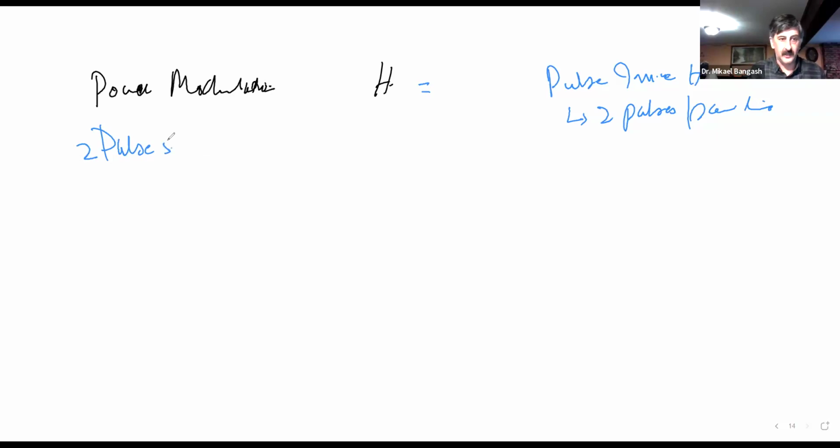Now the difference here is that in pulse inversion these two pulses were of similar power, intensity, and amplitude.